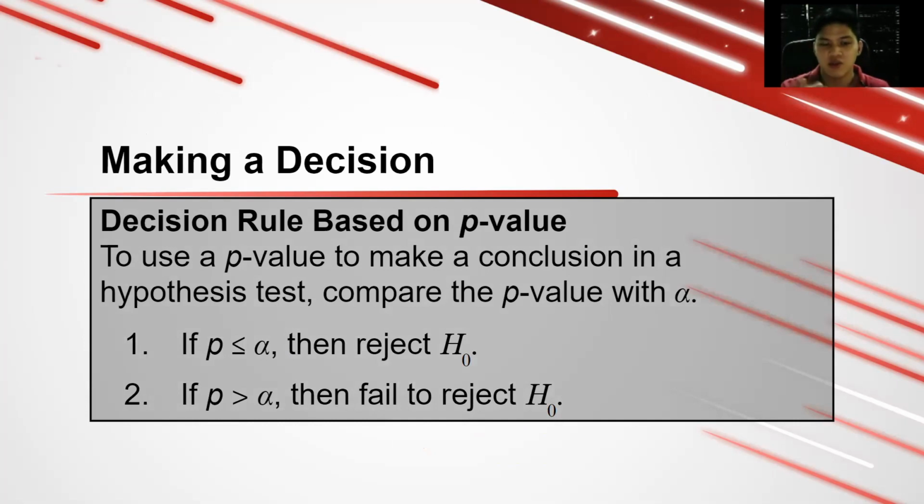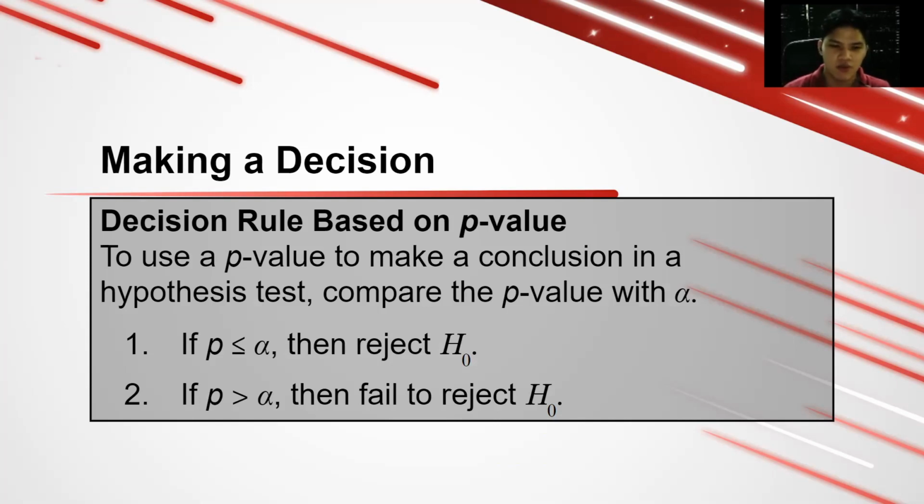Since we've got the p-value mentioned in the previous slides, that's how we get the p-value from the test statistic. Once we get the p-value, to use it to make a conclusion in a hypothesis test, we compare the p-value with the alpha. Just remember these two decision rules based on the p-value.